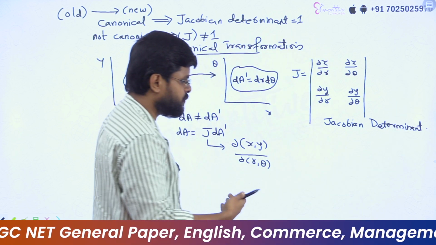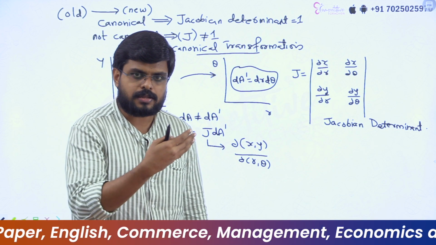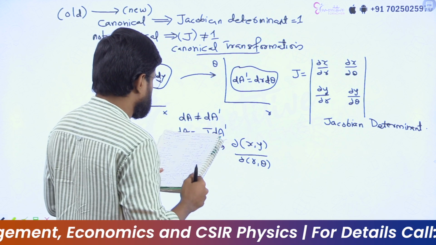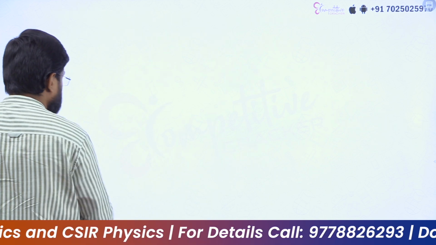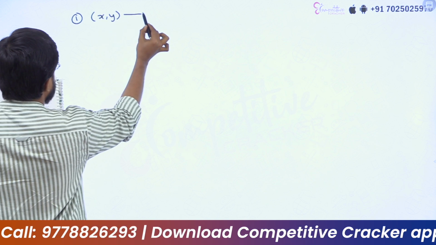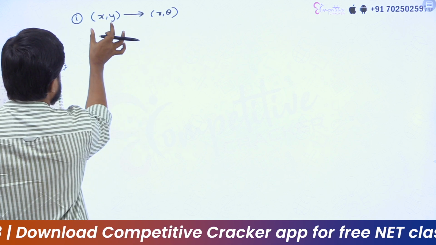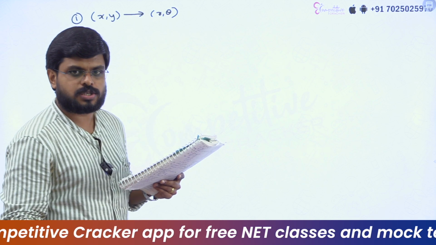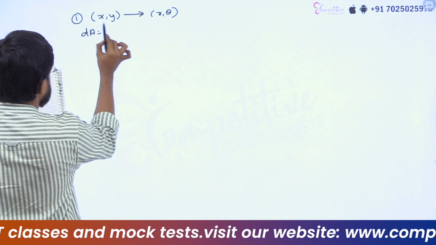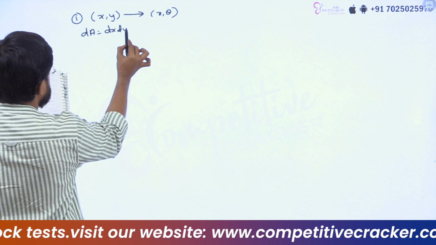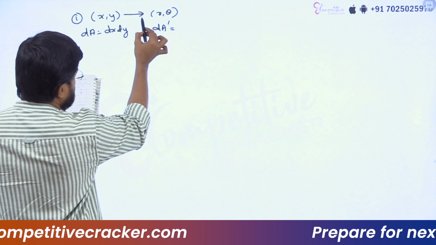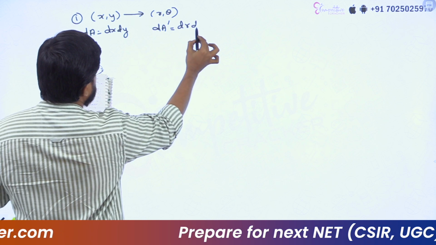In our classes we have explained how to find these Jacobian determinants. For example, this is my first transformation from x, y to r, theta, from a Cartesian coordinate system to a plane polar coordinate system. The area in the Cartesian coordinate system is dx into dy, and the area in the plane polar coordinate system is dr into d theta.